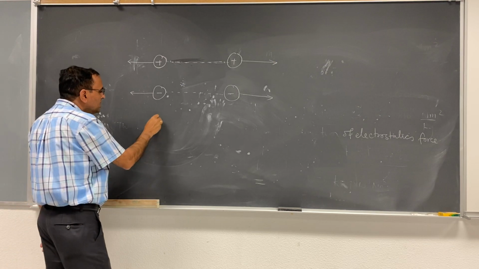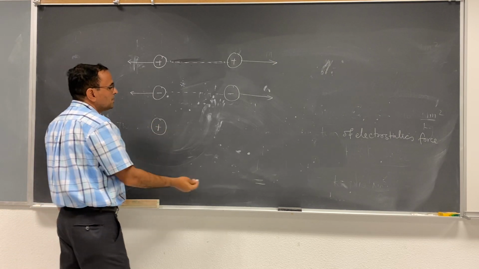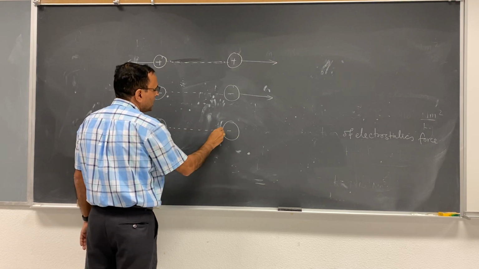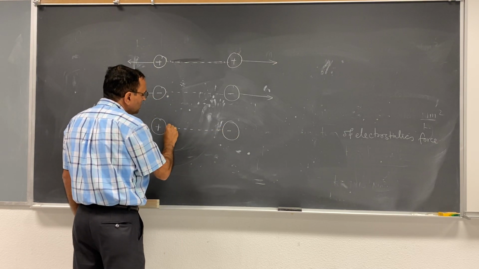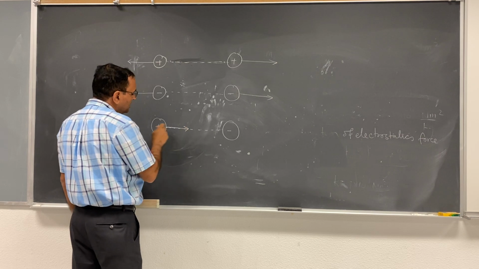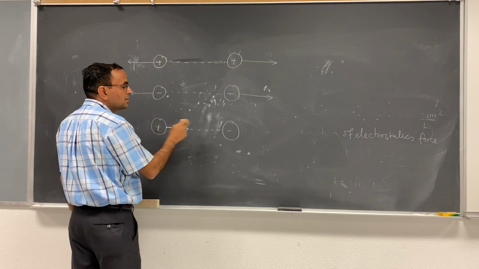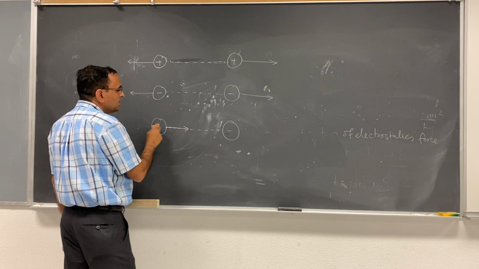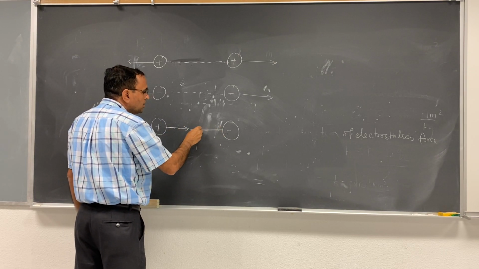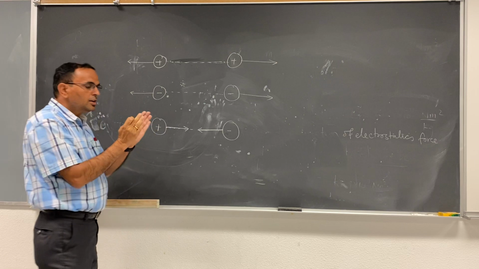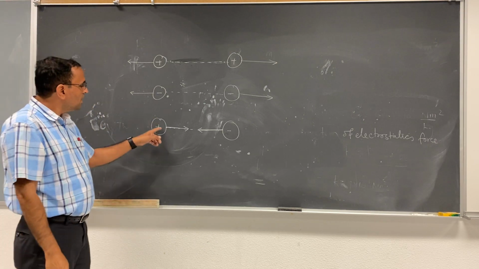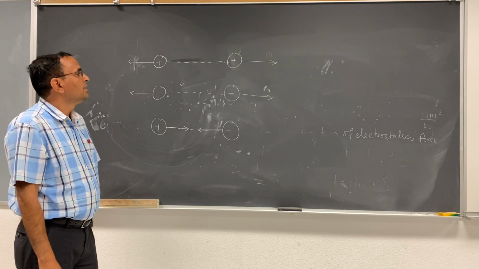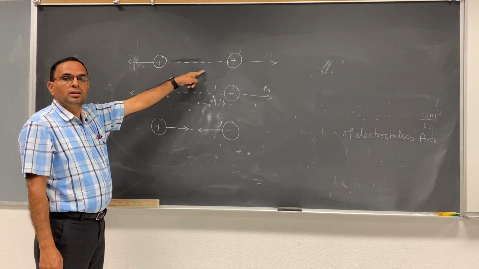But if this is positive and this is negative, again draw like this. This positive charge is attracted by the negative charge, and this negative charge is also attracted by the positive charge. They attract each other. Unlike charges attract. Like charges repel.